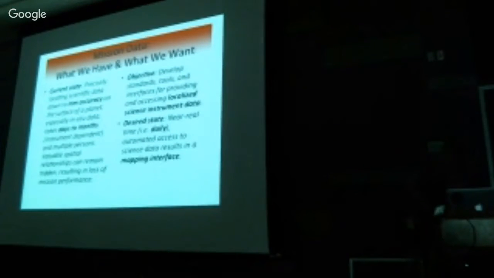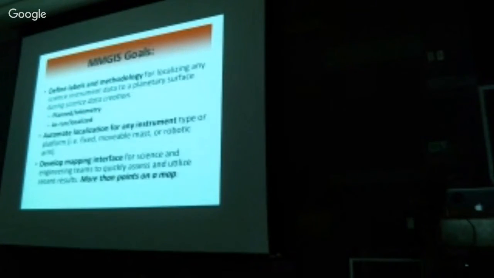And so our objective is to develop these tools and interfaces and standards to localize science data products, so we know where on Mars it actually occurred and in relation to other observations on the ground. The desired state is near real-time, daily, solely, that's a word, accessing science data and then providing a way to look at it in a geospatial context, in the mapping interface.